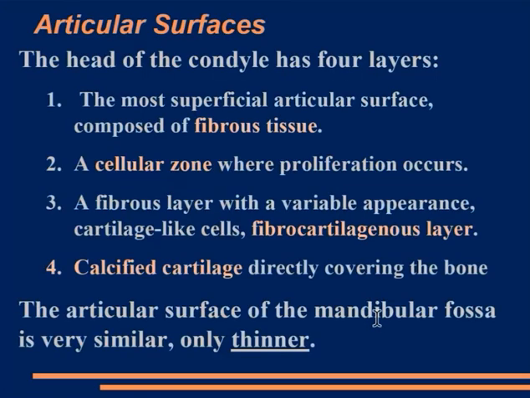Now we have the articular surfaces, the upper and the lower, of the mandibular joint. Four distinct layers are described that cover the bony head of the condyle and of the fossa and eminence.